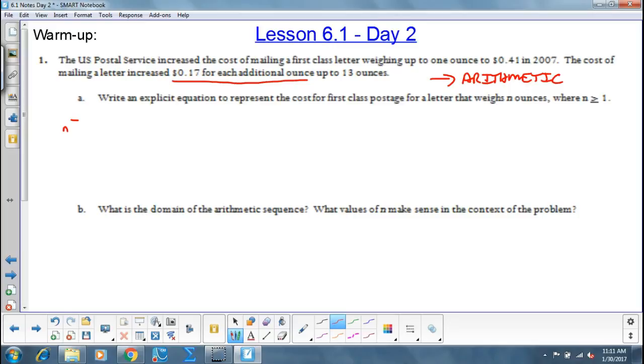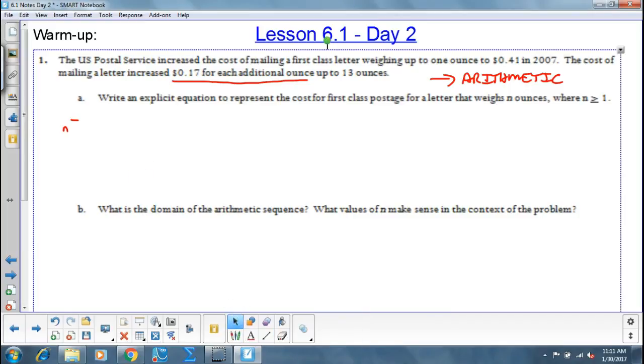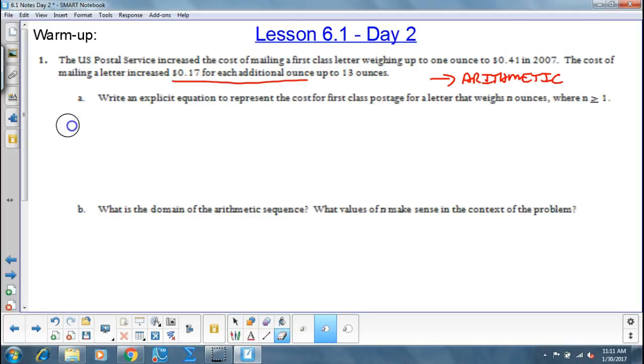Where'd the A go? Lost my A there. Okay. So that's A sub n equals A sub 1 plus D times n minus 1.